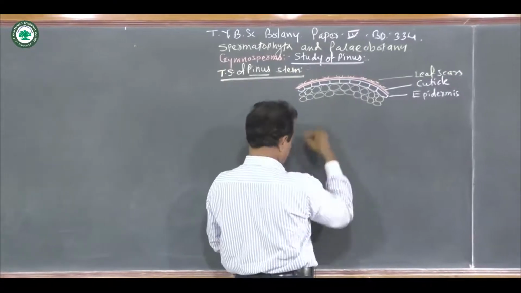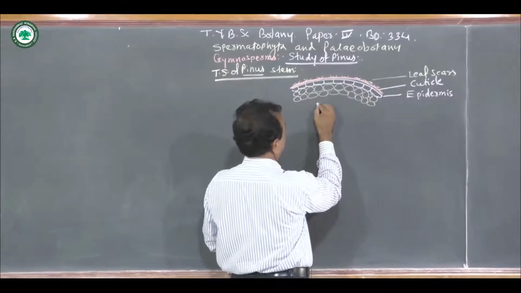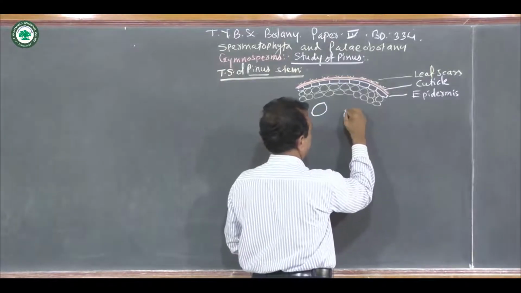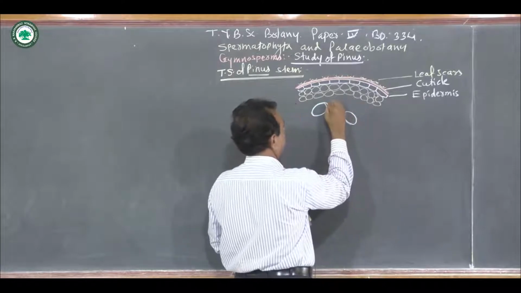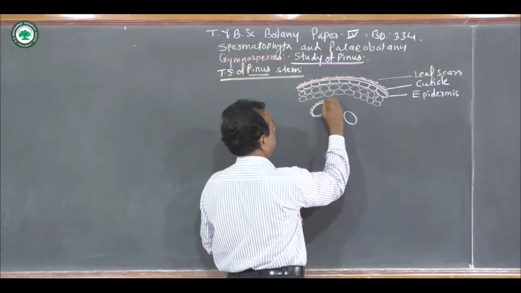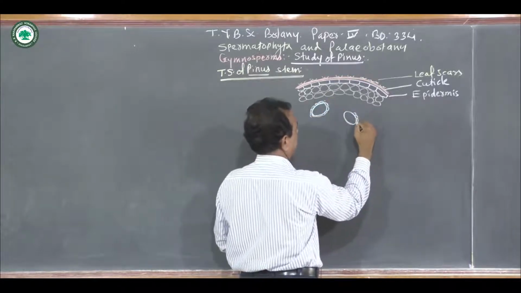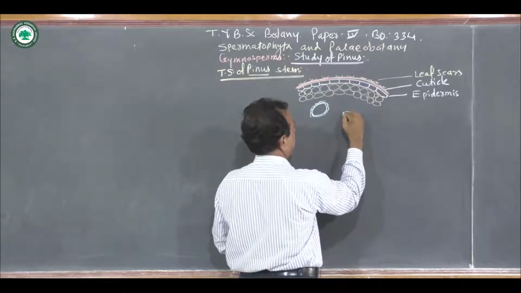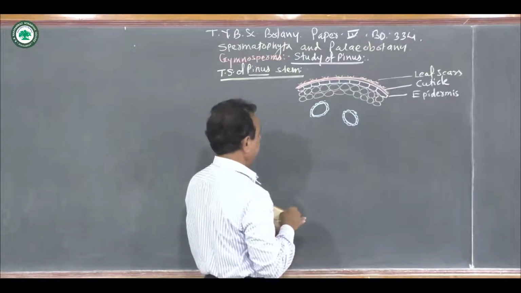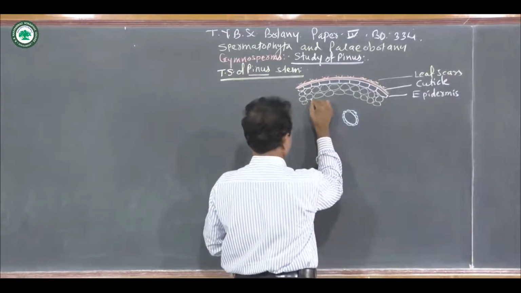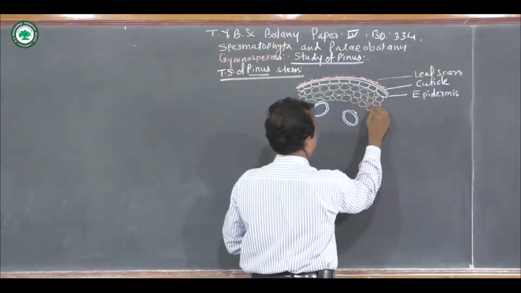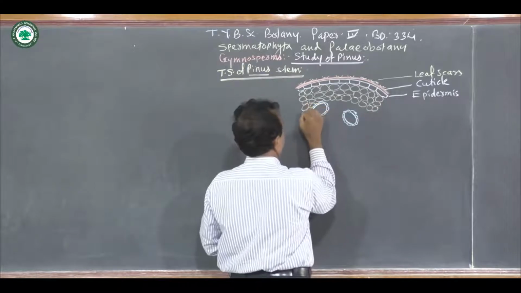This cortex is multi-layered, and there is a presence of resin canals. Many resin canals are present in the cortical region, and they secrete the resin substance. It gets secreted by these resin canals or resin ducts. So this is the cortex.